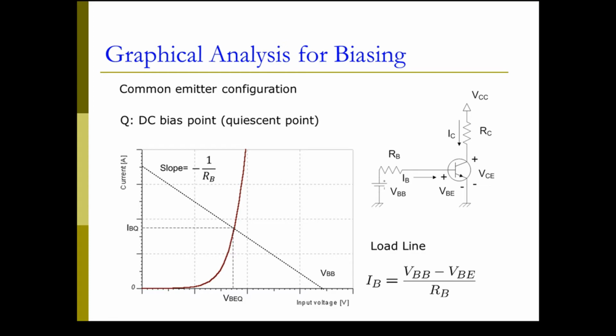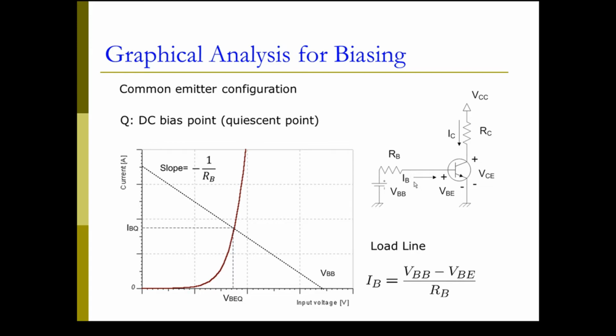But how much current can we get into this base? We know this base to emitter junction has diode behavior, right? If we do the DC characteristics, we will be able to get this DC diode behavior characteristics.